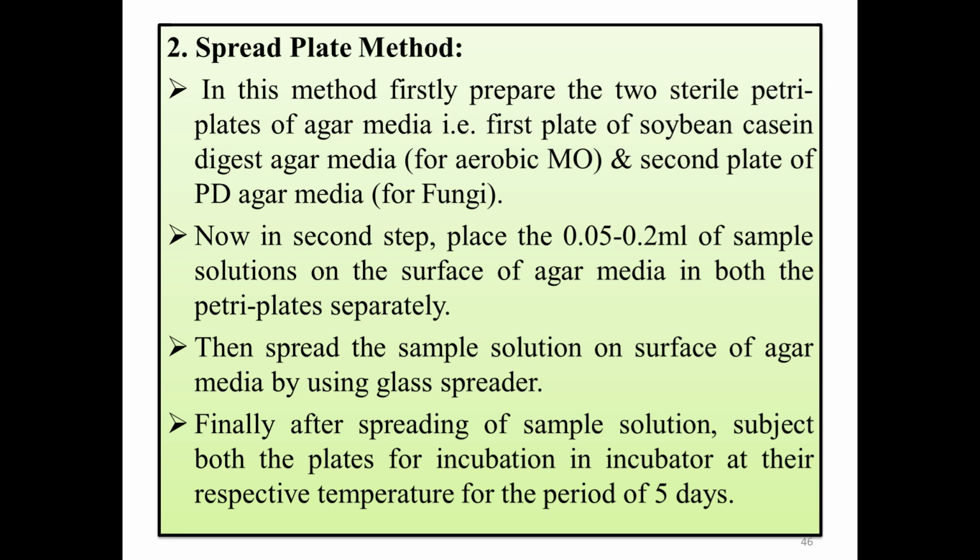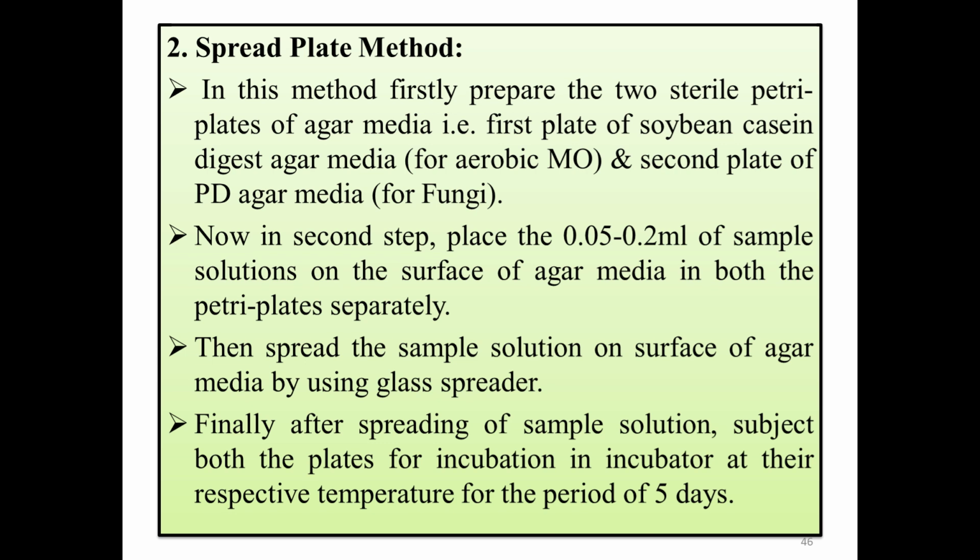Same in this method, we also have two petri plates of different media. The first plate is of soybean casein media, which is used for cultivation of aerobic bacteria or aerobic microorganisms, and the second plate that contains PD agar media is for calculating the anaerobic bacteria or fungus.